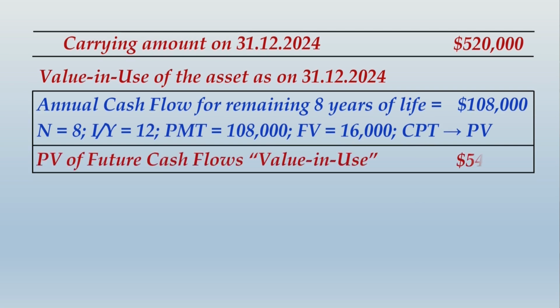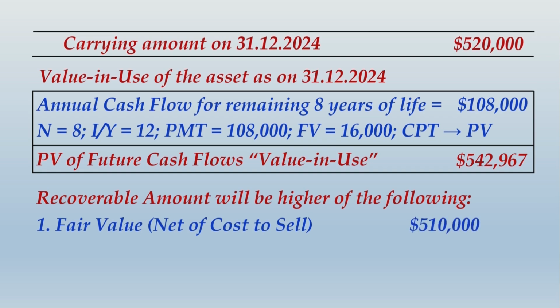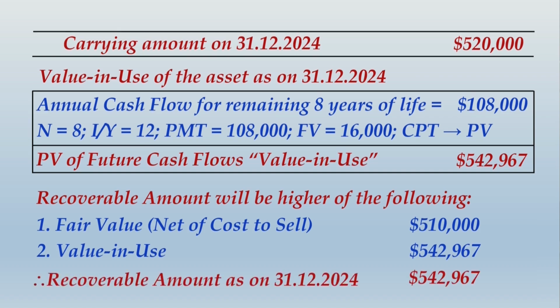You will be getting the present value of these cash flows as $542,967, and recoverable amount will be the higher of the fair value net of cost to sell, that is $510,000, and the value in use that came to $542,967. So the recoverable amount is the higher of these two. So please write up all these calculations and check and see whether you were correct with these calculations.